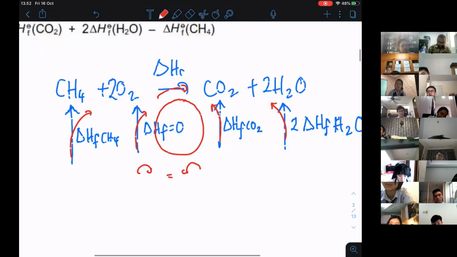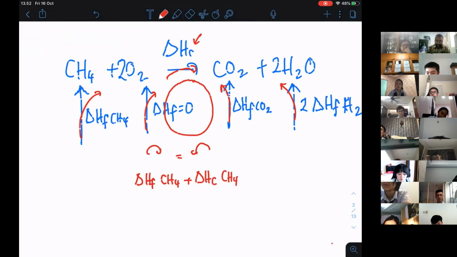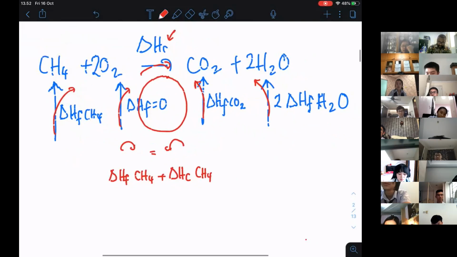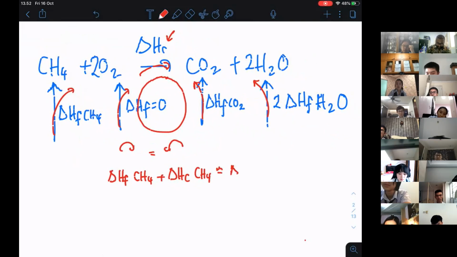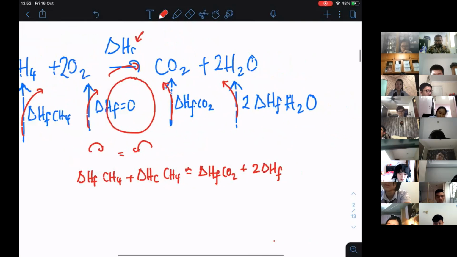So clockwise, enthalpy change of formation of CH4 plus 0 plus enthalpy change of combustion of CH4 must equal anti-clockwise, enthalpy change of formation of carbon dioxide plus 2 times the enthalpy change of formation of water.